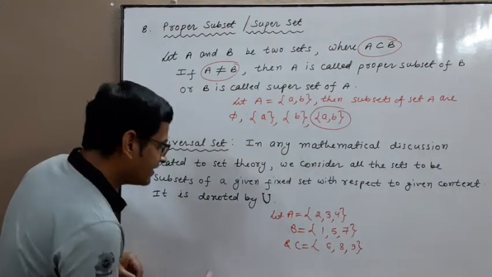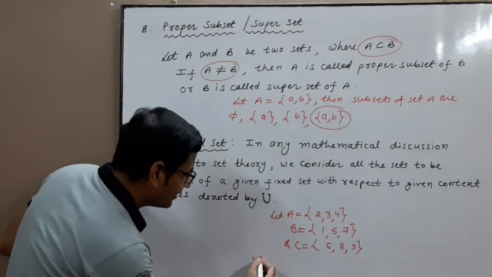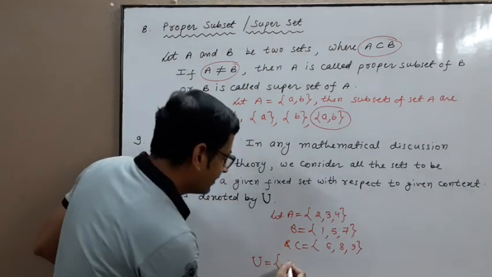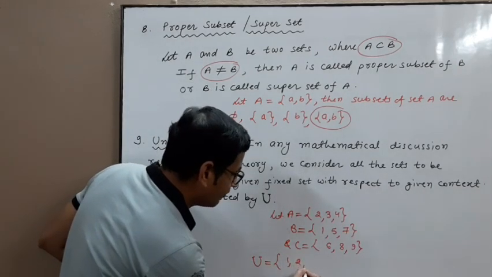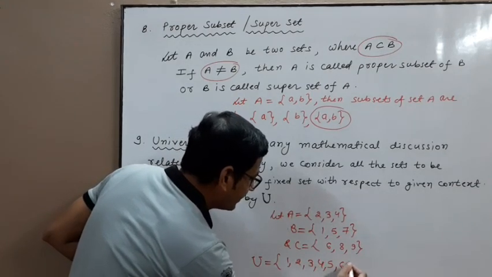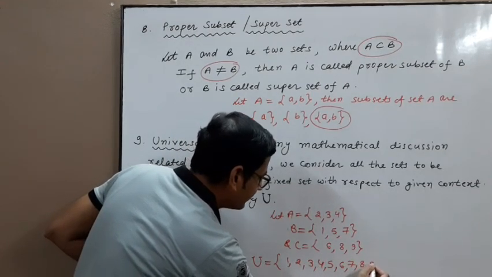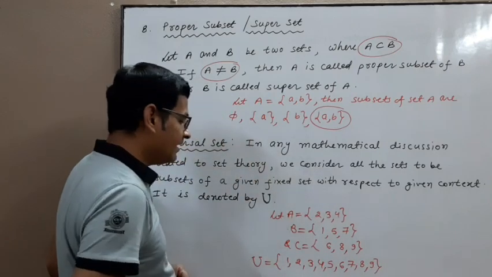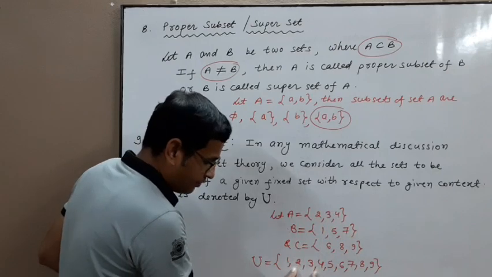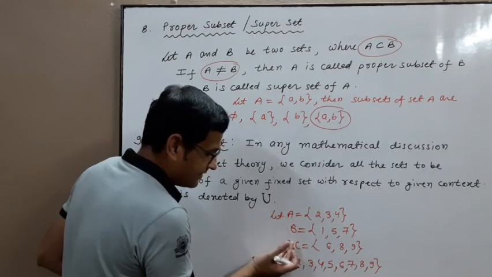Now let us consider a set U in such a way that it contains all the elements of sets A, B, C. Such a set is called a universal set: {1, 2, 3, 4, 5, 6, 7, 8, 9}. Clearly, A is a subset of U because every element of set A is also an element of set U. Similarly, B and C.